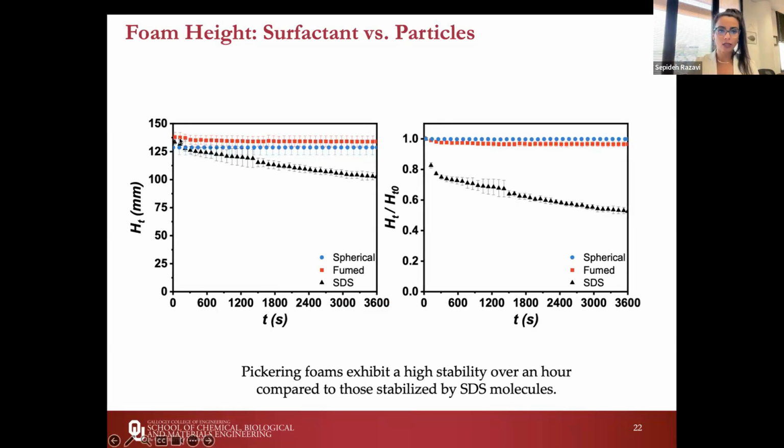So as you can see here, the two particle types are very stable compared to the SDS stabilized system over the course of an hour. And if you also normalize the y-axis with the initial height of the foam that we have made, what you can see again is that the particle stabilized systems are pretty steady, whereas the surfactant stabilized one is coarsening and dropping in terms of the height that it has over time.